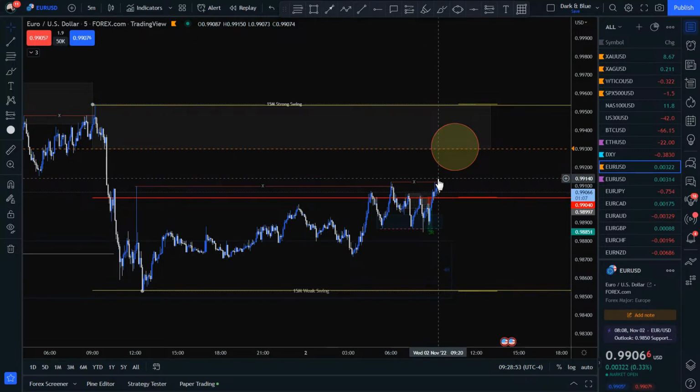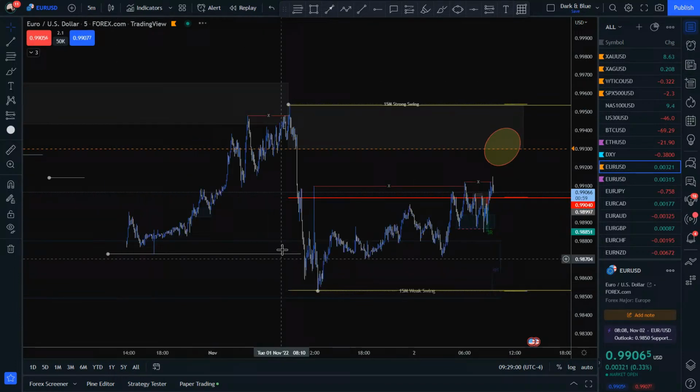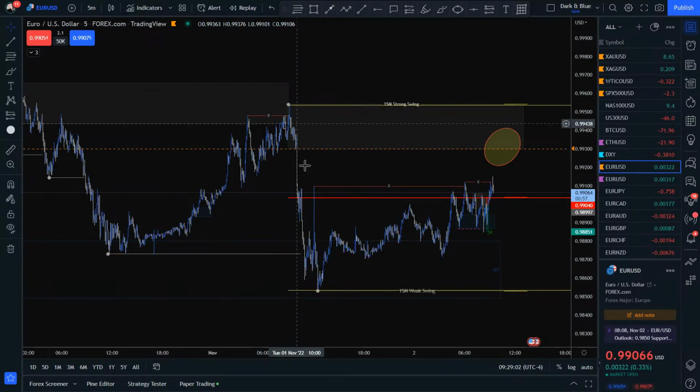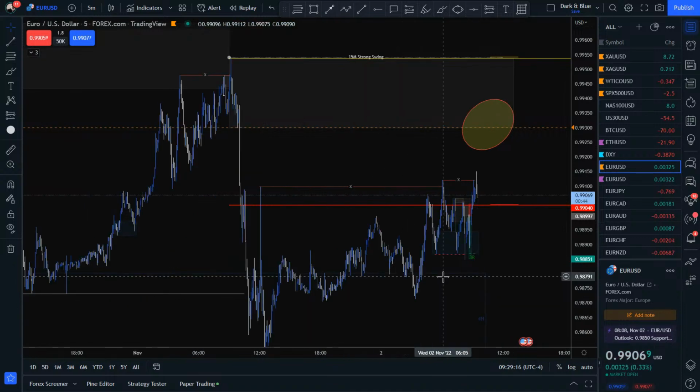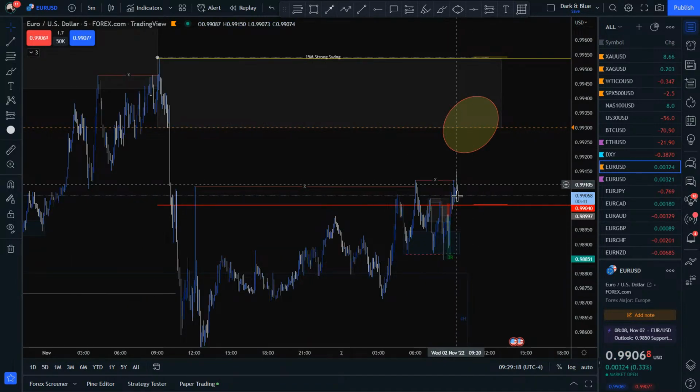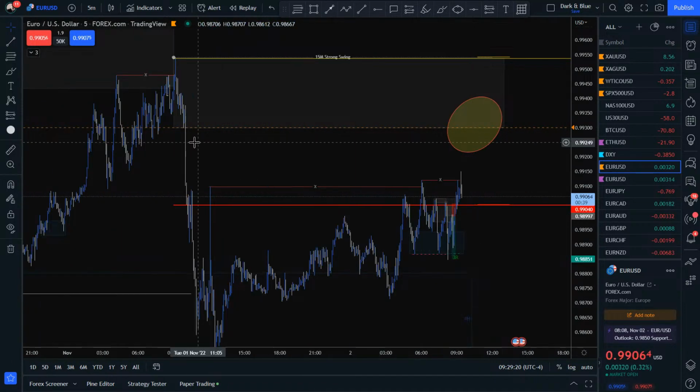So I don't want to take a sell now, even though it's within 15-minute bearish structure. That's a 15-minute swing low. So sells are permitted for sure, but I don't want to take a sell from here, not with more inefficiency above.